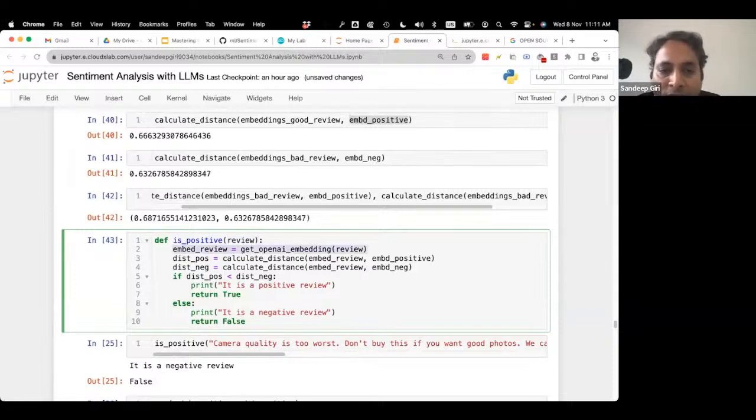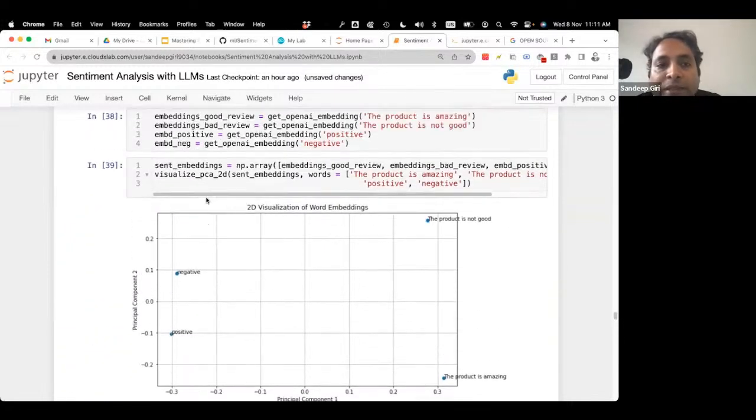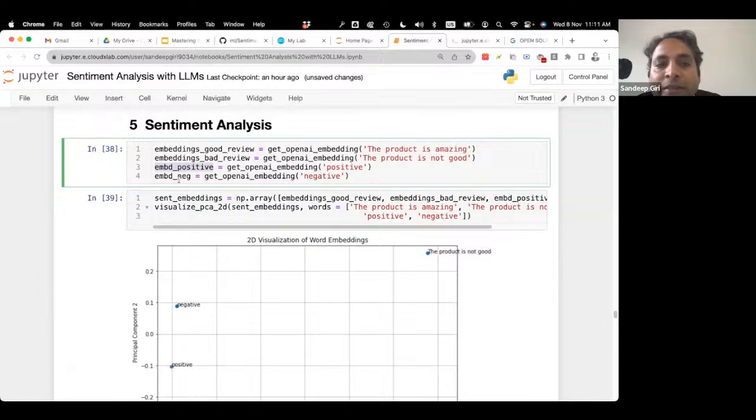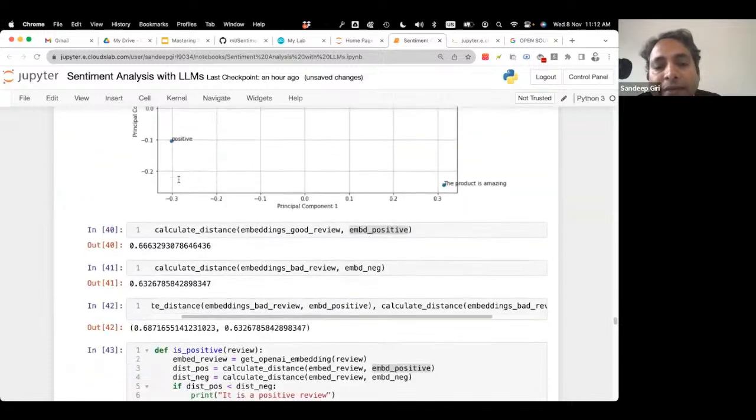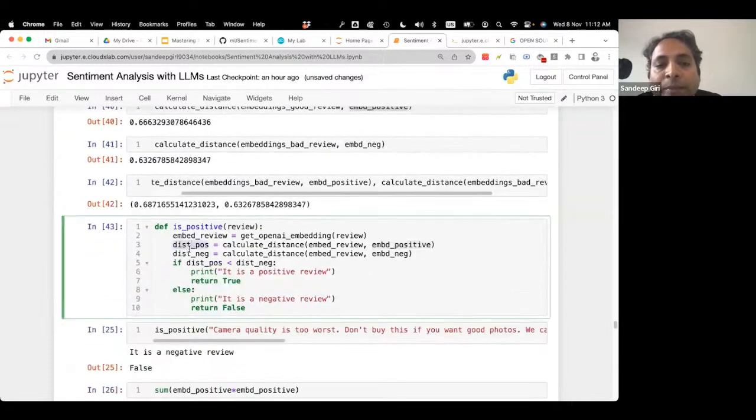Then we calculated the distance between this embedding and the embedding of the word positive, which we calculated previously here, the embedding of positive word, embedding of negative word. So now we are computing the distance between the review and the word positive. Then we are computing the distance between the review and the word negative.